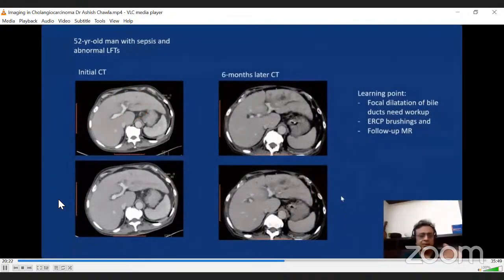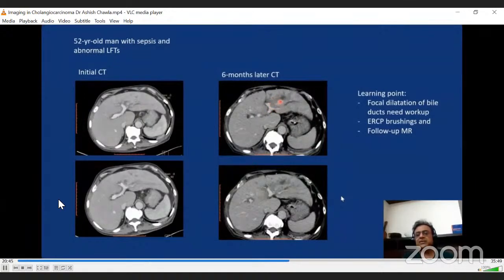So this patient came back 6 months later. I have put up the initial CT and follow-up CT side by side, and you can realize that 6 months later, the mass is now quite obvious. Initially it was a periductal infiltrating mass. Now it has become a combination of periductal infiltrating and mass-forming cholangiocarcinoma.